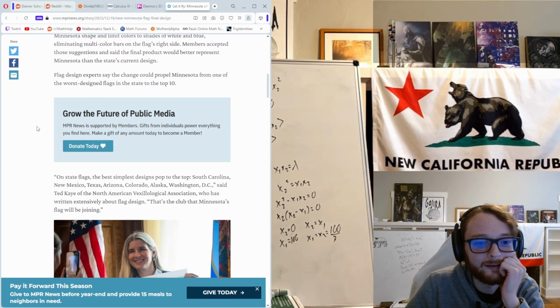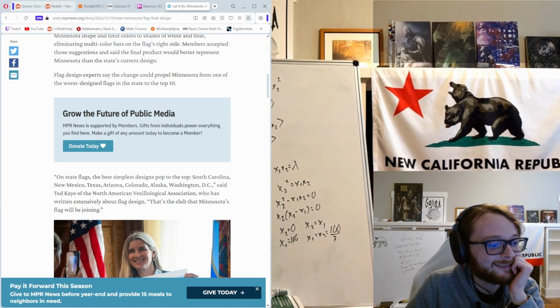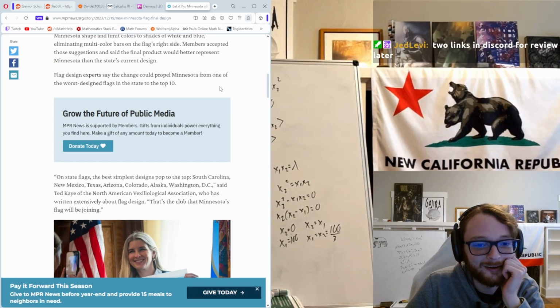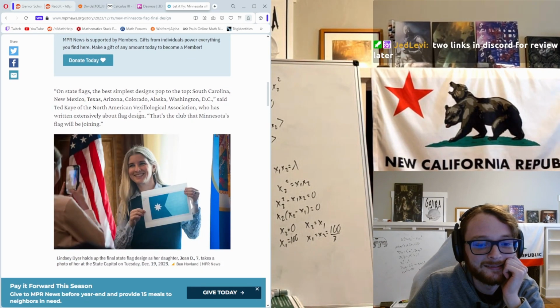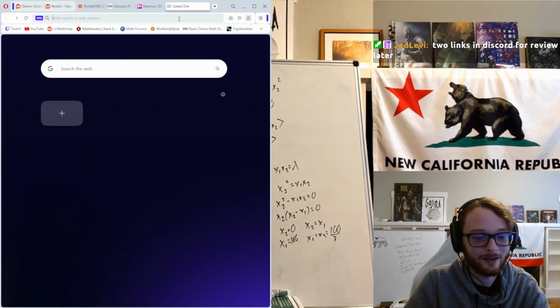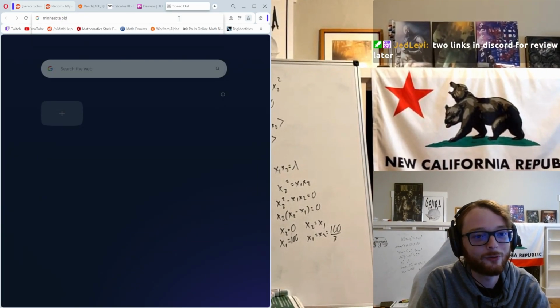What was the old flag? Flag design experts. One of the worst designed flags in the state, top 10. Okay. That's interesting. I didn't know that they got a new flag. Doesn't look bad. I want to see the old flag.